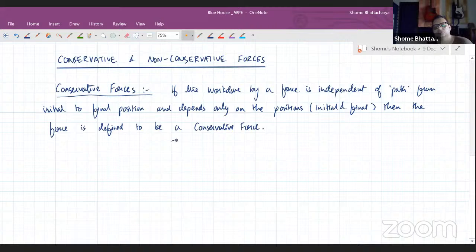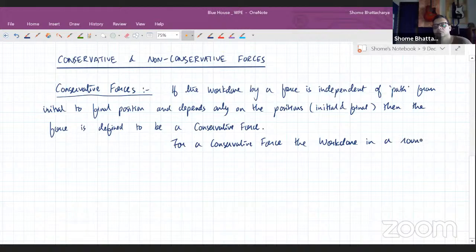Another thing is, for such a force, if the body is taken on what is called a round trip, that means we are coming back to the same position from where we started, then the net work done has to be zero. So for a conservative force, the work done in a round trip must be zero. A round trip doesn't necessarily mean a circular path. It can be any kind of path, but it should come back to where the body started from.